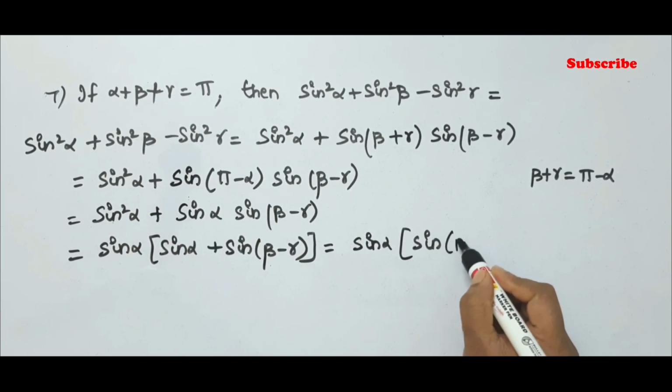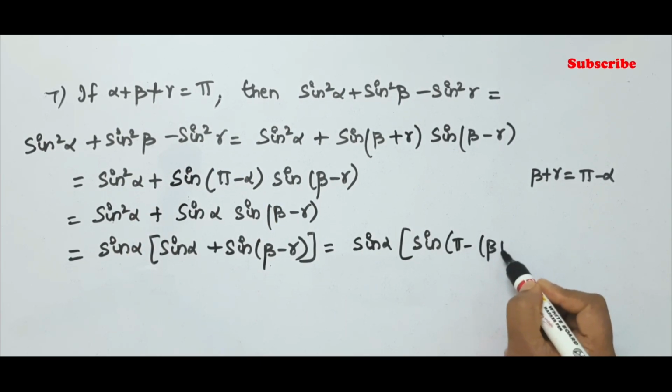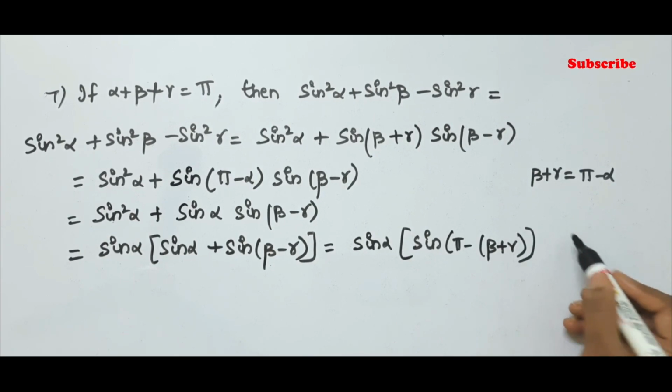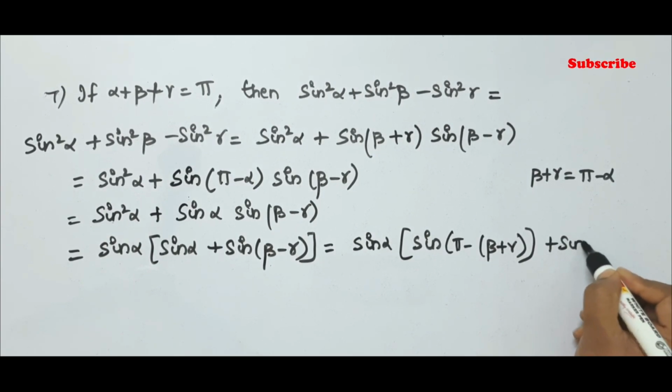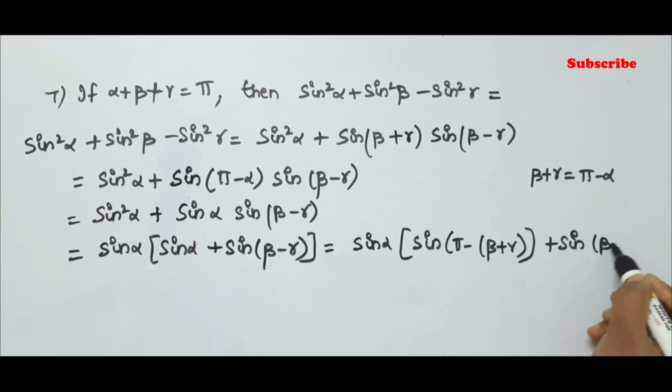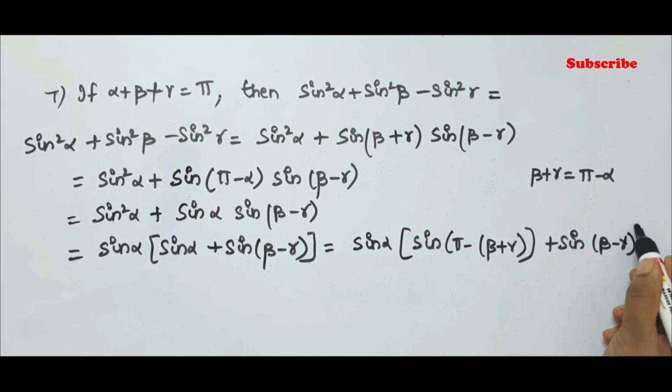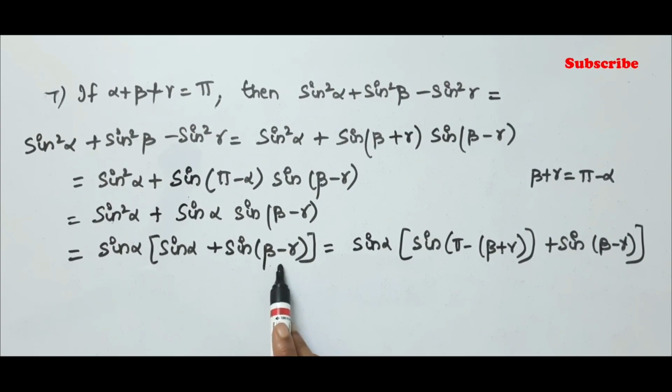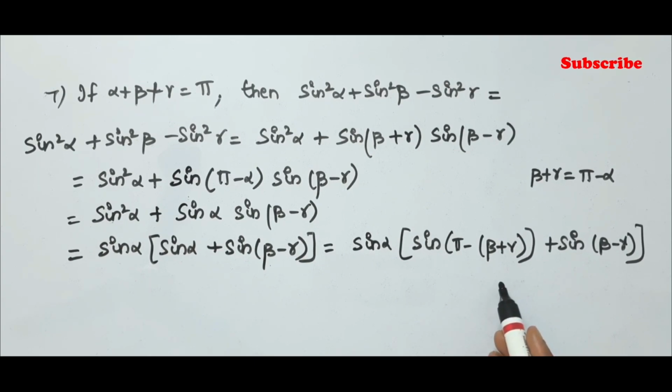So this can be written as sin of pi minus beta plus gamma plus sin of beta minus gamma. Okay, understood? As beta minus gamma is there, I have transformed this angle alpha such that it can be expressed in terms of beta and gamma.